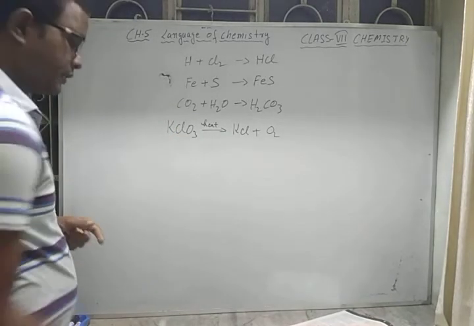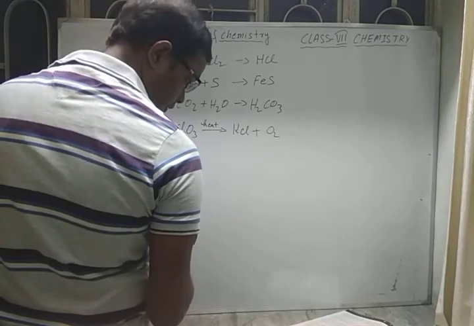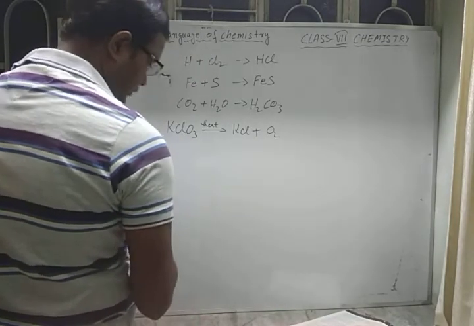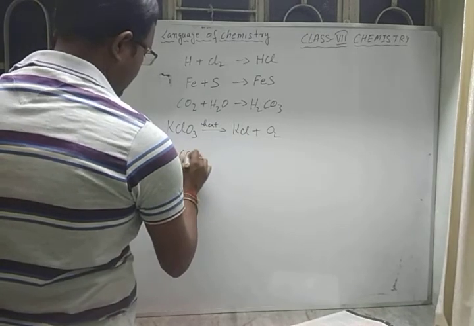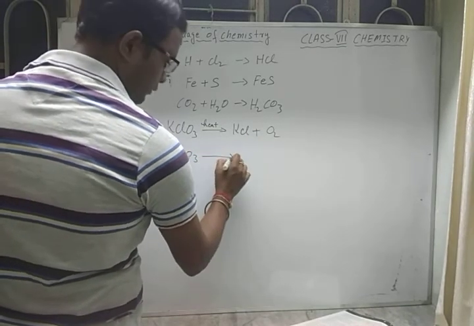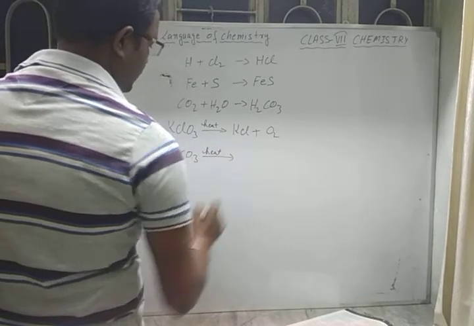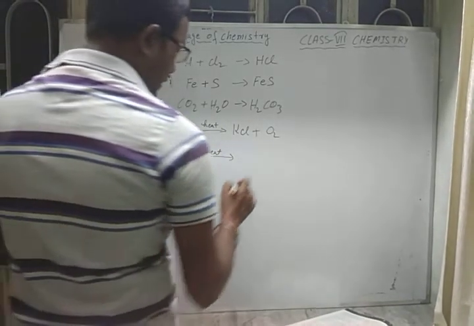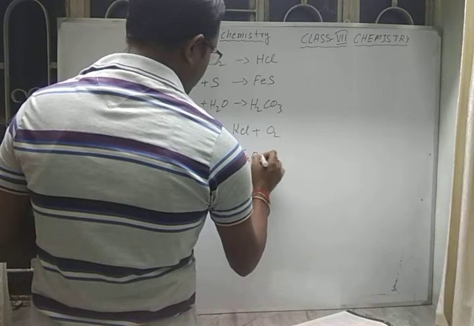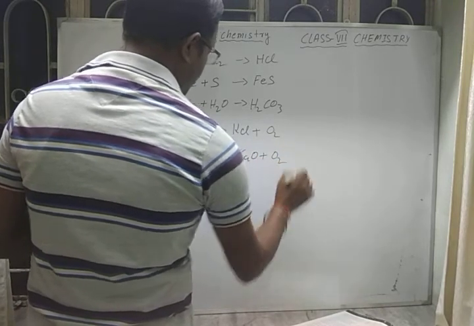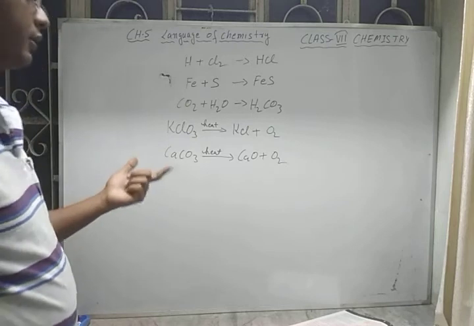Another example is calcium carbonate, CaCO3. Again when you heat it, you will get calcium oxide, CaO, plus CO2.